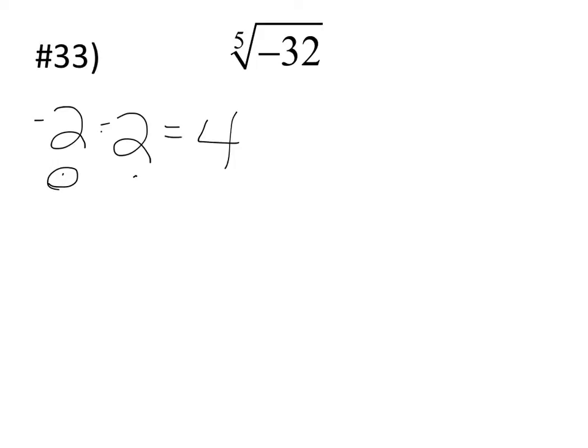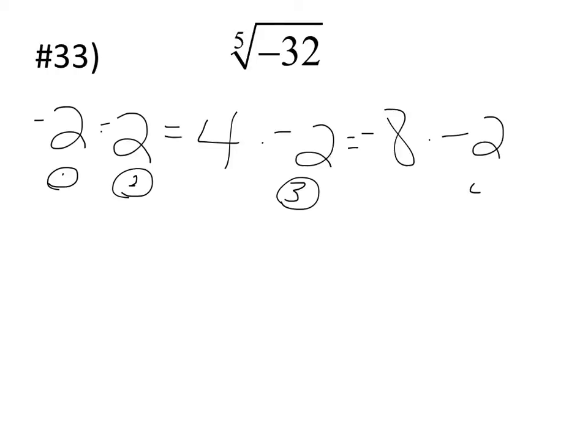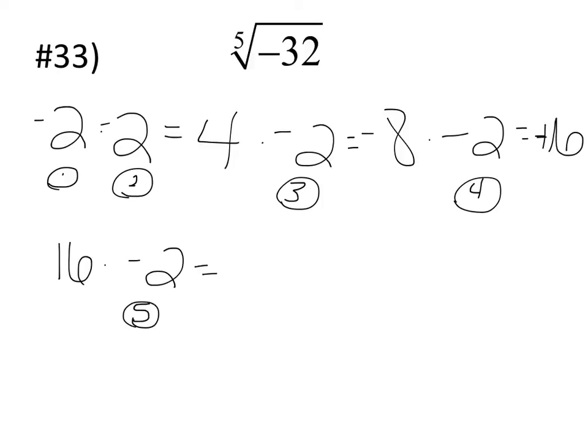So we have 2 of them so far. Times -2, so now we've used 3 of them, is -8. Times -2, so now we've done it 4 times, is +16. And then 16 times -2, so this will be our 5th time, is -32. So the 5th root of -32 is just -2.